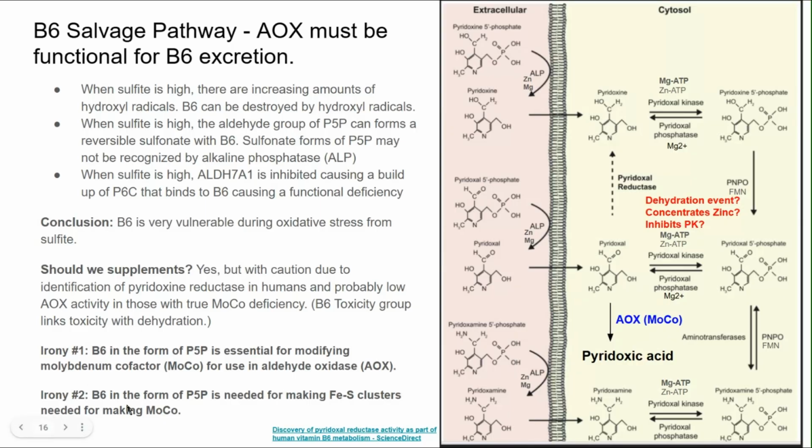And then B6 in the form of P5P is needed for making the iron-sulfur clusters that you use to make Moco. So if you don't get in enough B6 and have enough active B6 that's not been inactivated by sulfite or by hydroxyl radicals, then you're not going to be able to make molybdenum cofactor, and things are only going to get worse.